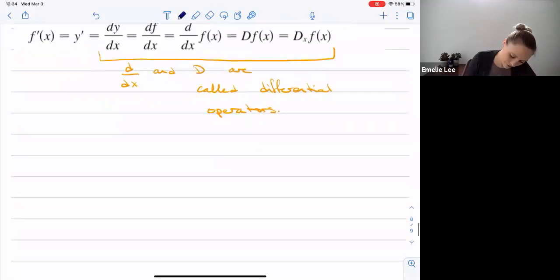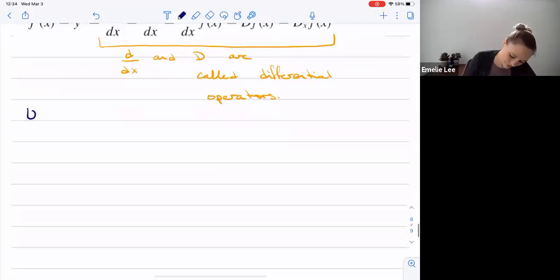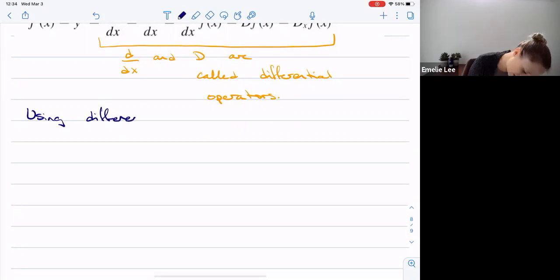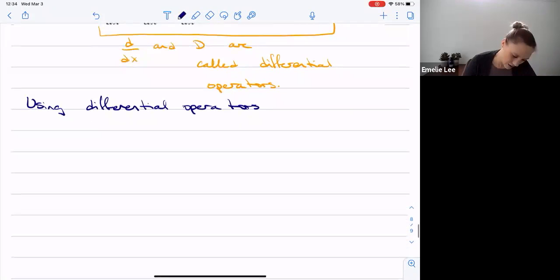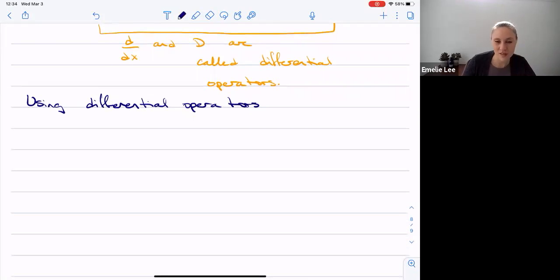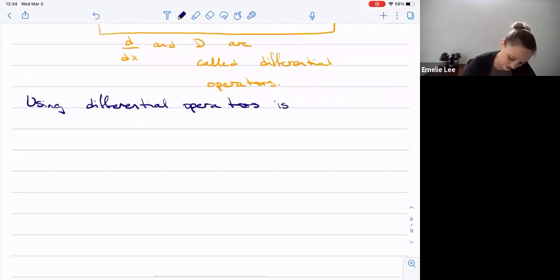Using differential operators is called Leibniz notation.